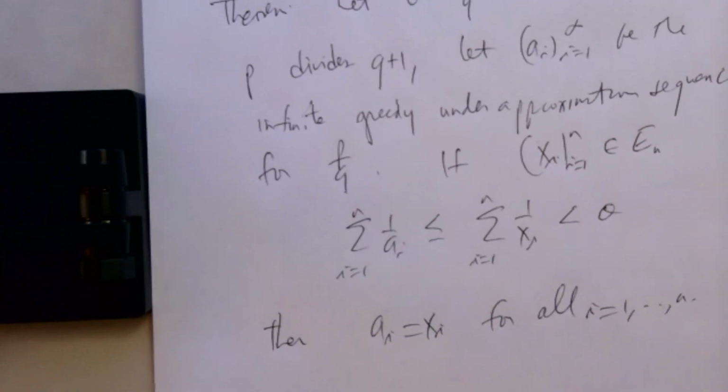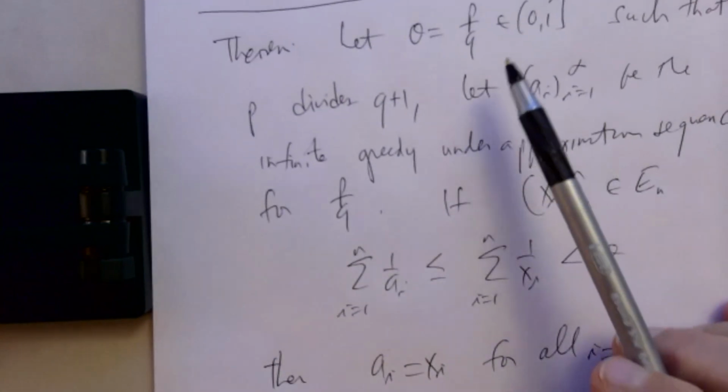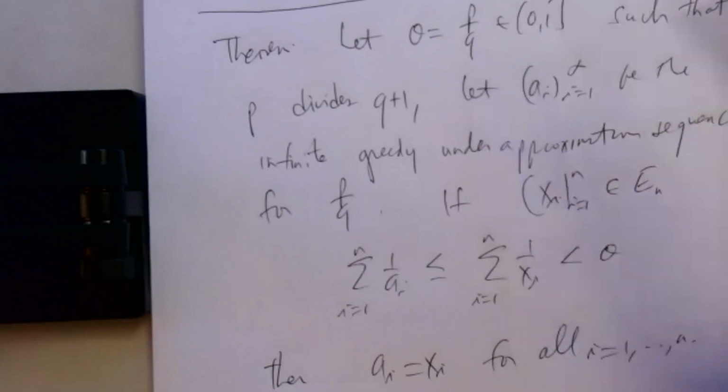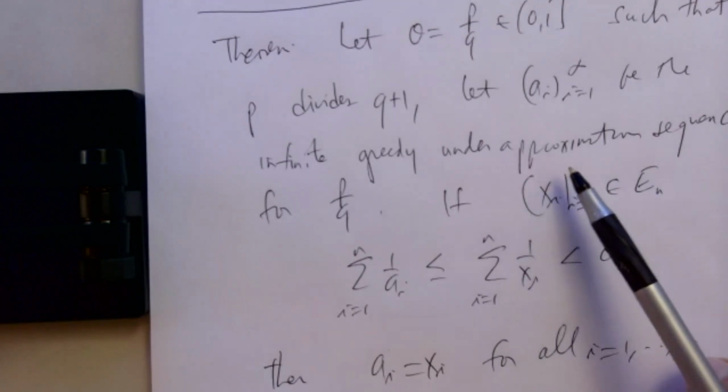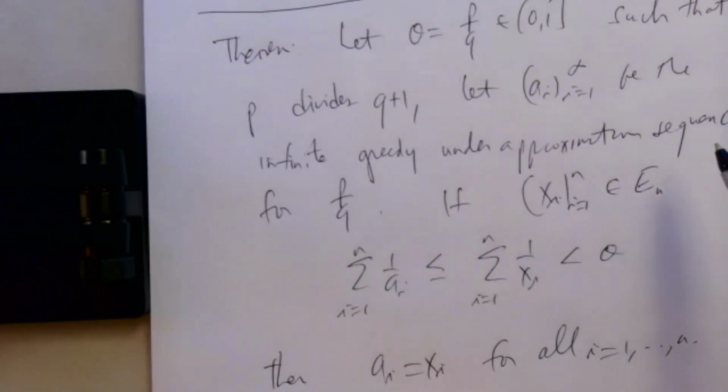So for this somewhat larger class, well, I only had one fraction before, now I have infinitely many. So for this infinite set of fractions, for every n, there is a unique best under approximation, and it's given by the greedy algorithm.